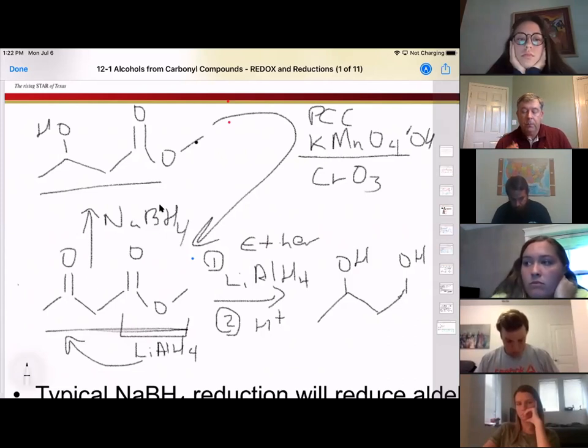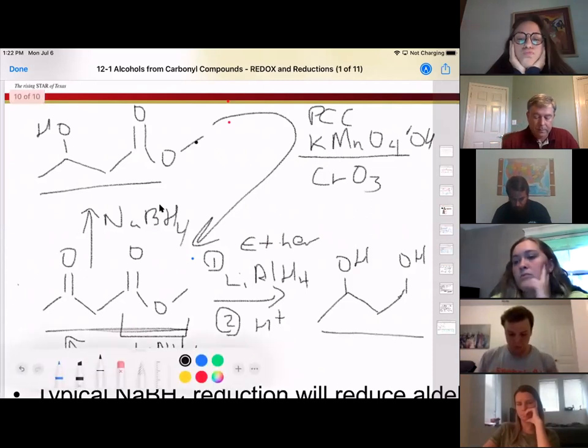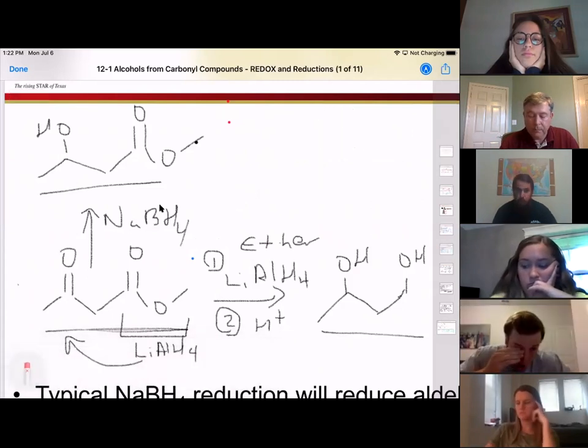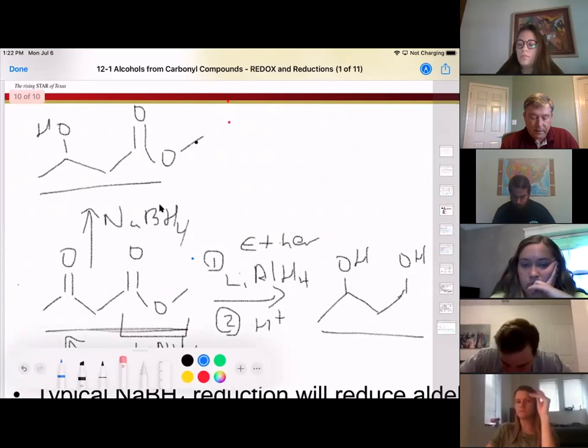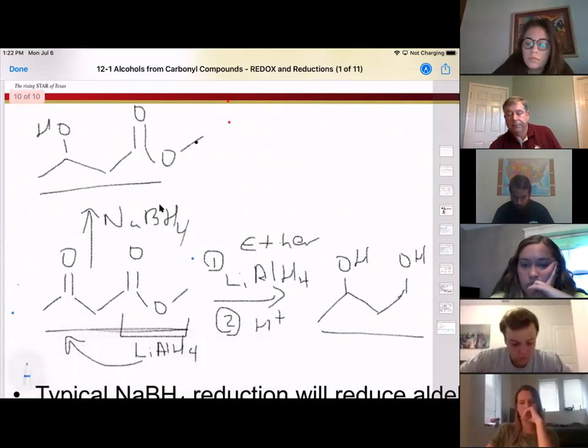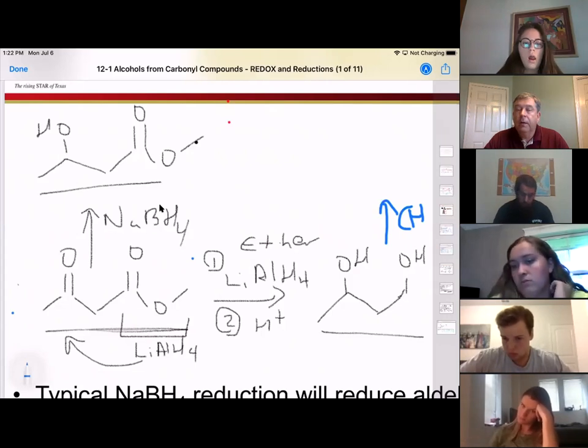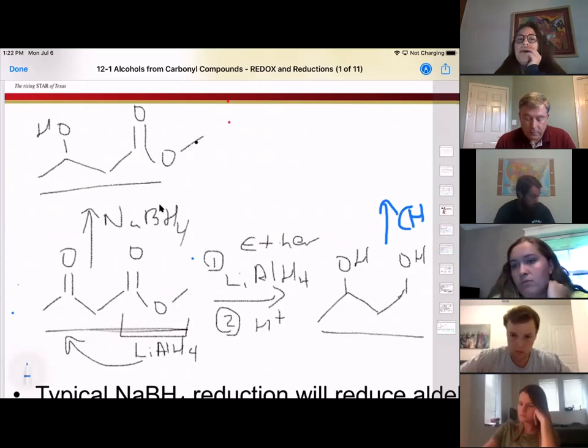Okay, so what can we do selectively to this compound here? I'm going to erase these reagents here. So we have a secondary alcohol and we have a primary alcohol, okay? And as we learned, all of our oxidizers will convert that to our aldehydes or ketones.